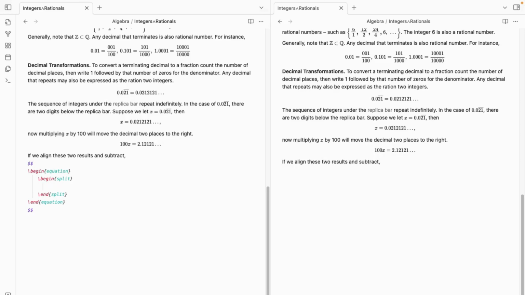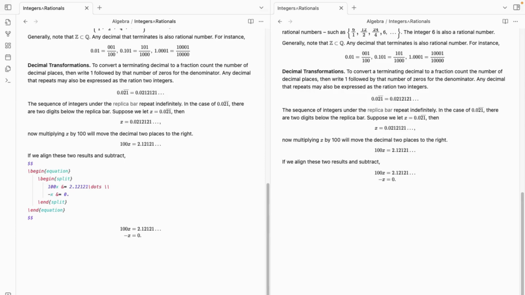All right, and so then that's going to be 100x, which equals 2.1, 21, 21, minus x, so then we're going to subtract x from both sides.